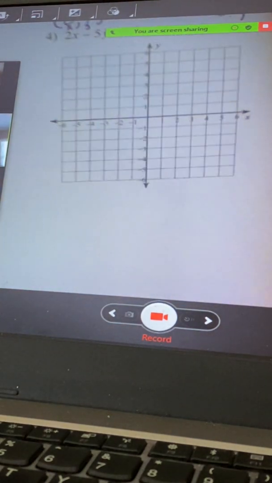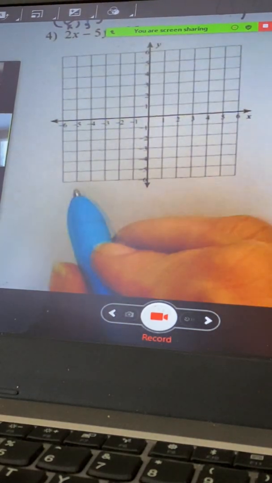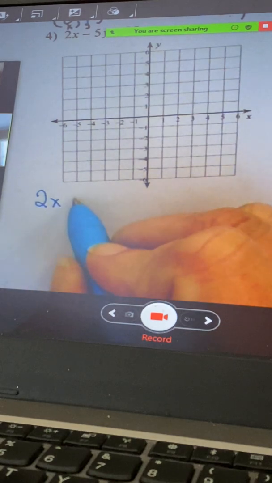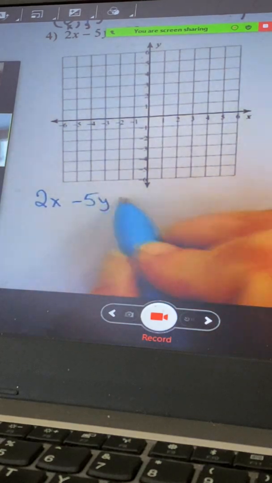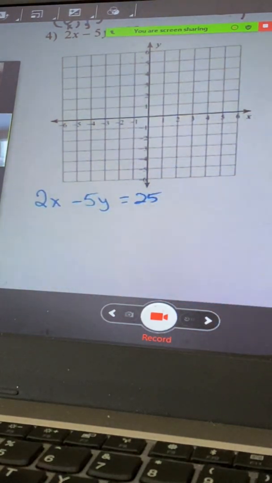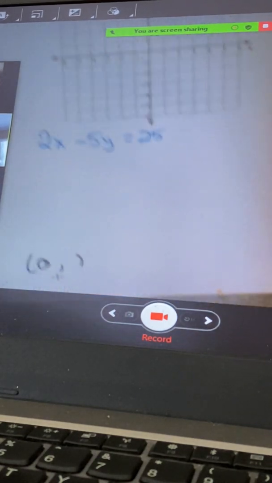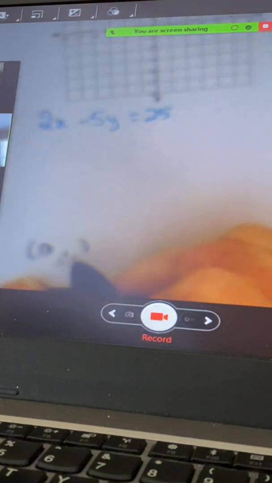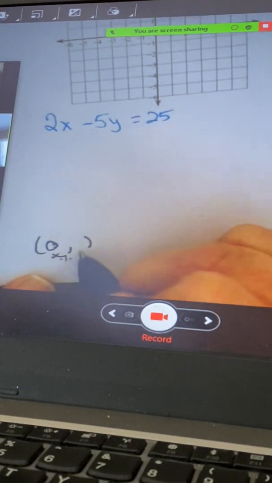So here's number 4. I'm going to rewrite the problem: 2x minus 5y equals 25. All right. I'm going to plug in 0 for x first. So this is my x, my y.